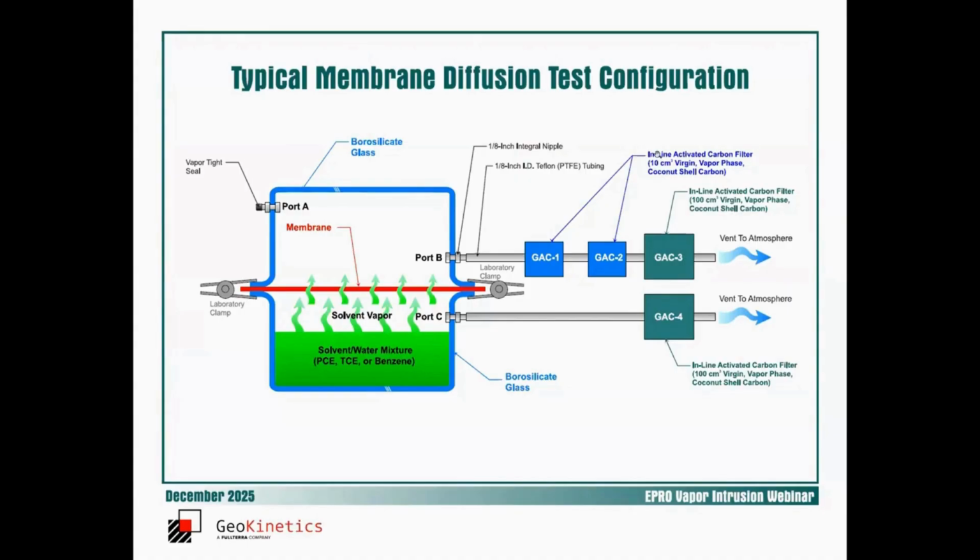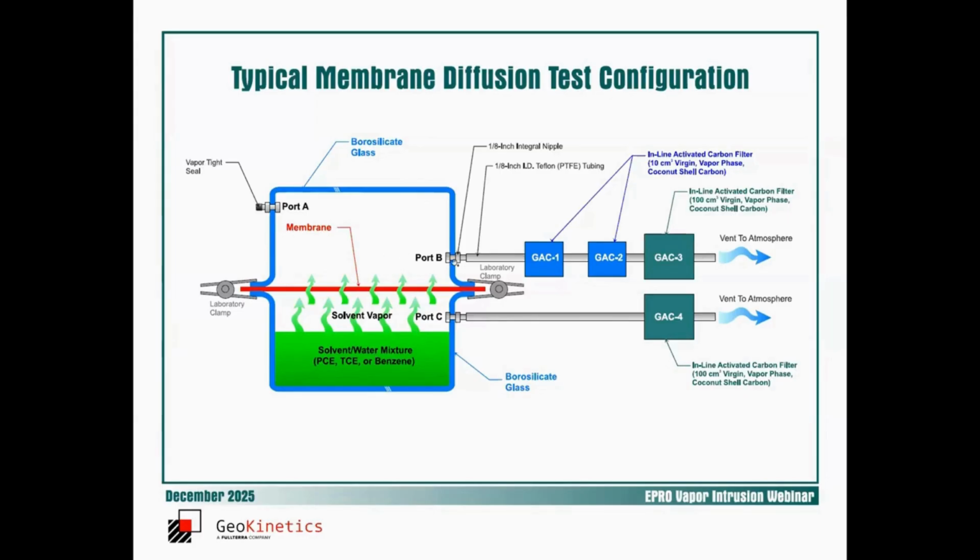First topic, chemical compatibility and transmission rates. We've been measuring both diffusive and convective transmission across membranes since the 1980s, and have had tests running continuously since the 1980s in some cases. This is the typical test setup. We'll have a container, two halves, a solution of water and a VOC in the bottom container separated by a membrane, and then the upper container is connected to a series of activated carbon filters.